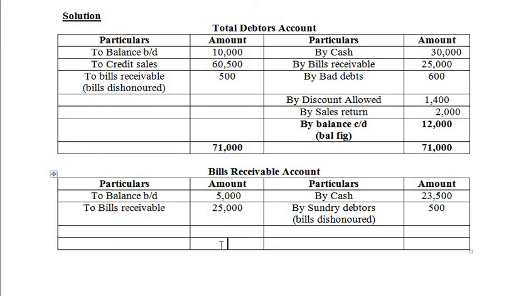The debit side is more than the credit side. So here also you write down the same amount, 30,000. Balance is how much? 30,000 minus 23,000 minus 500 turns to be 6,000.